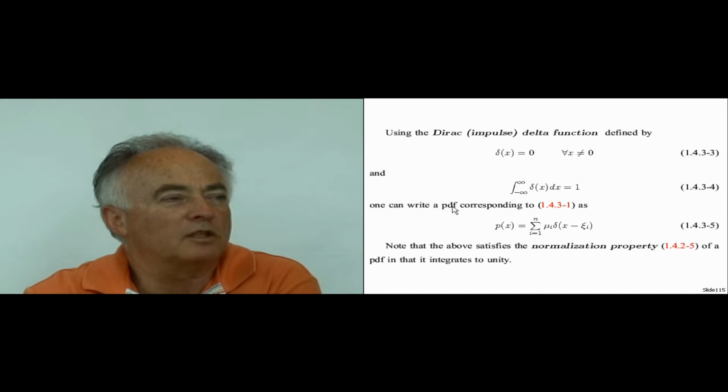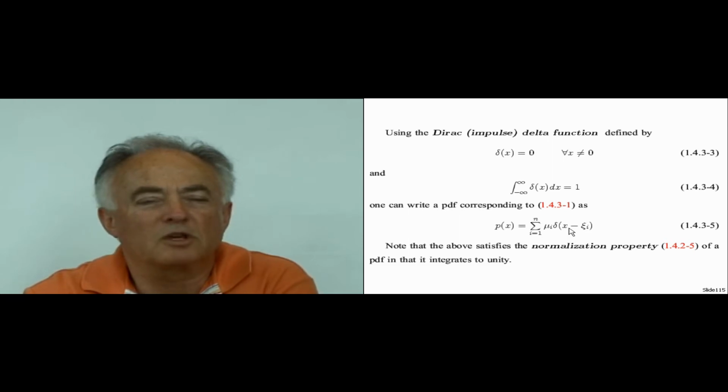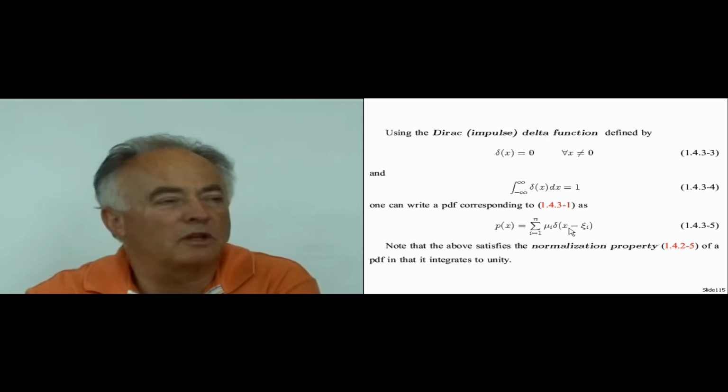With this, we can write a probability density function, a PDF, corresponding to our PMF as follows. P of x is sum of the point masses mu i, each multiplying a delta function located at x equal to xi, because the location of the delta function is where its argument equal to 0. So, with these impulse functions, we have a single way of writing a PDF and a PMF.